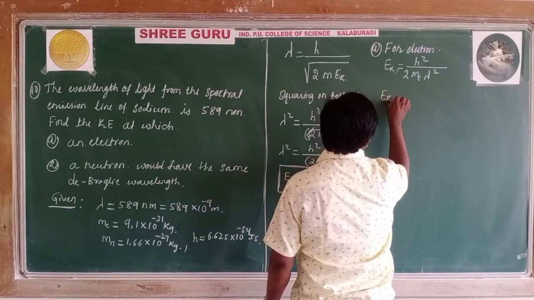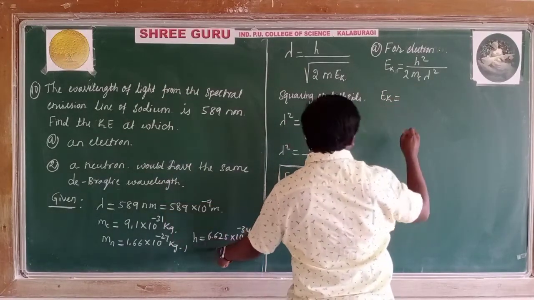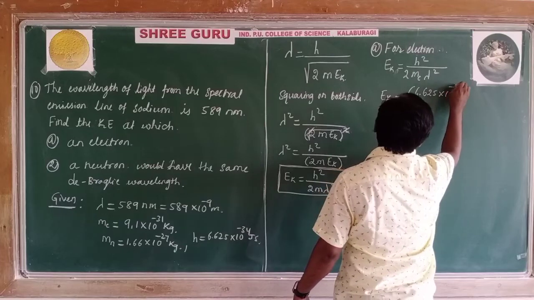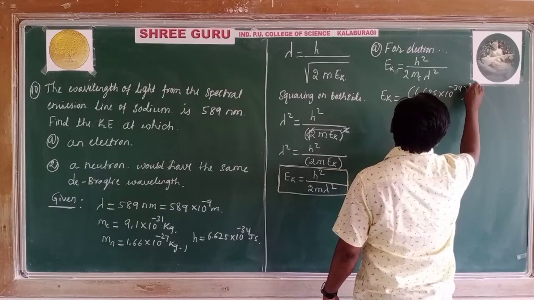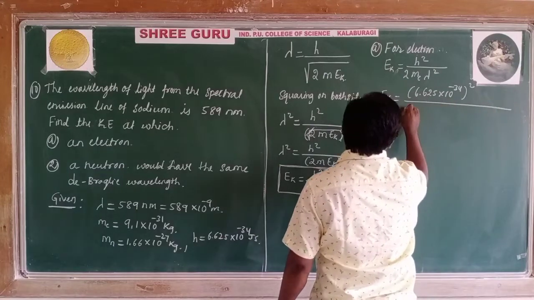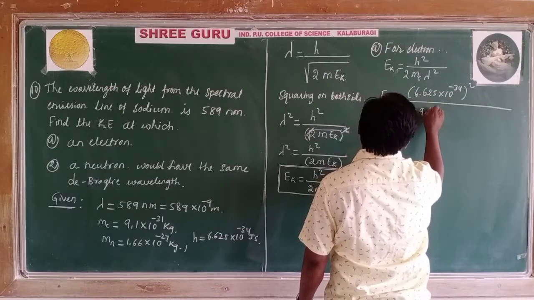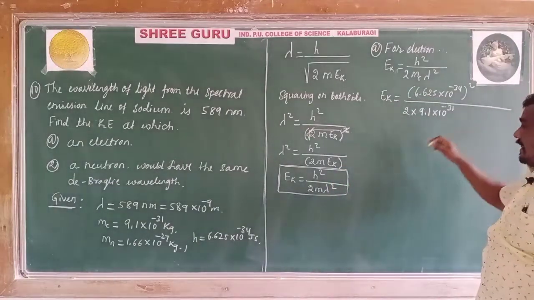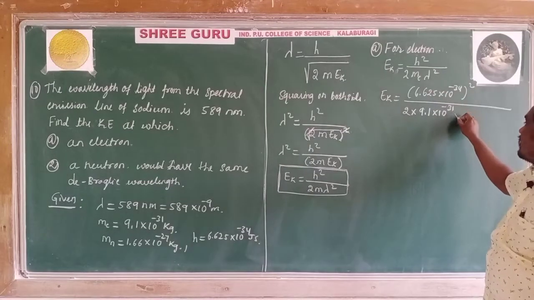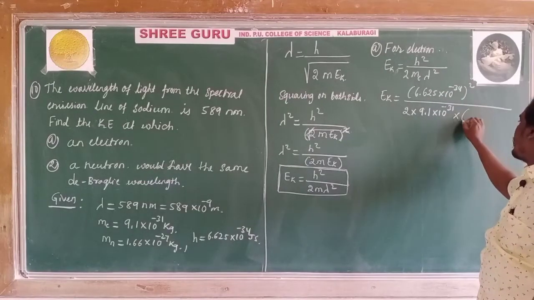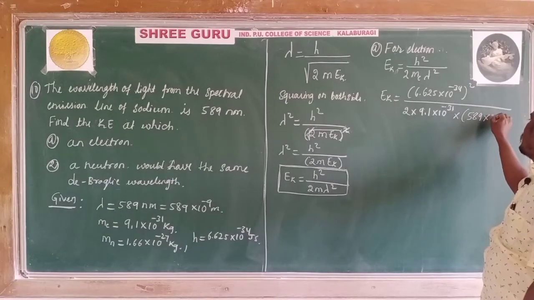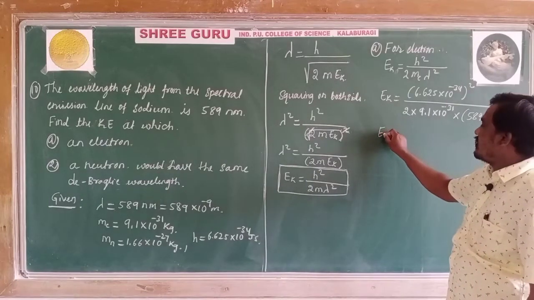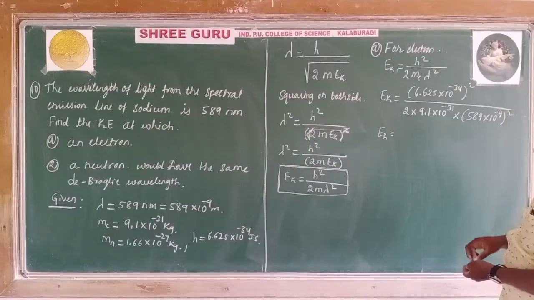Ek becomes h square, where h is 6.625 into 10 raised to minus 34, whole square. The denominator is 2 into mass of electron, that is 9.1 into 10 raised to minus 31 kg, and then lambda square, that is 589 into 10 raised to minus 9, whole square. First you solve the power values.